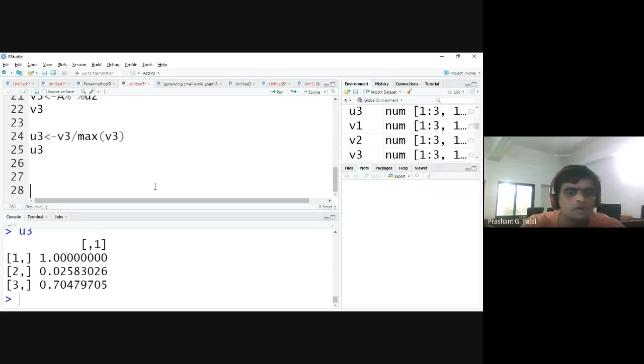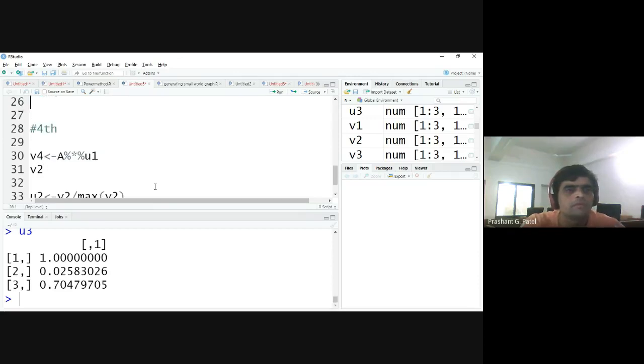Okay, then you can calculate the fourth. Paste. This will be V3 is used, so V4.